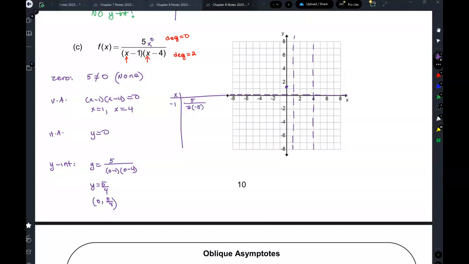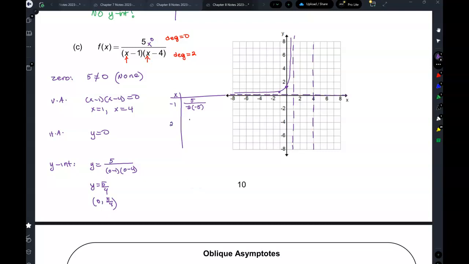How much is that? 1/2. Okay, so this side looks like this.